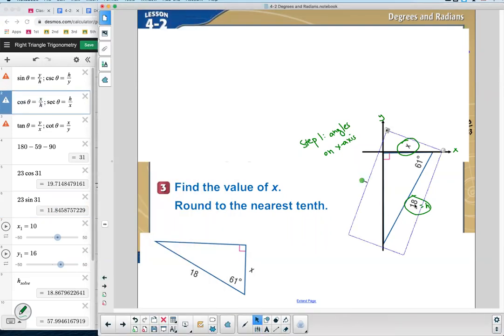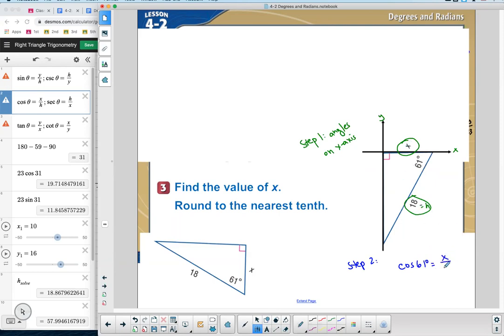So step two would just be to solve the problem here. I would use cosine of your x-axis angle, which means 61 degrees, equals x over the known 18. And again, the one step to solve this is to get x by itself, you need to multiply out that 18, because right now it's dividing.